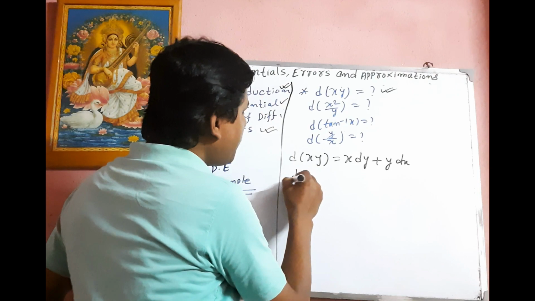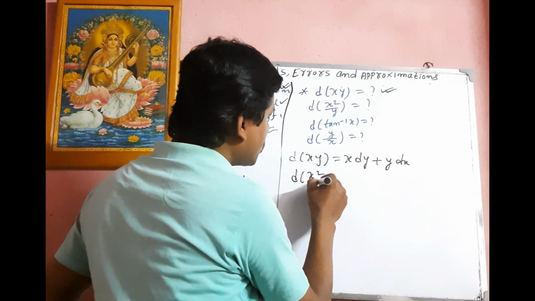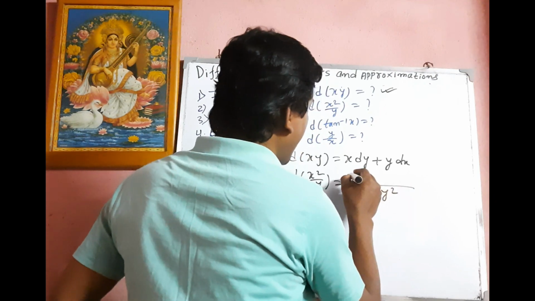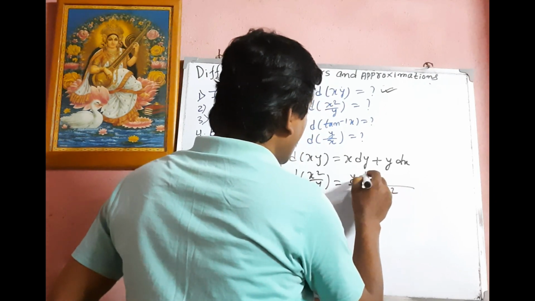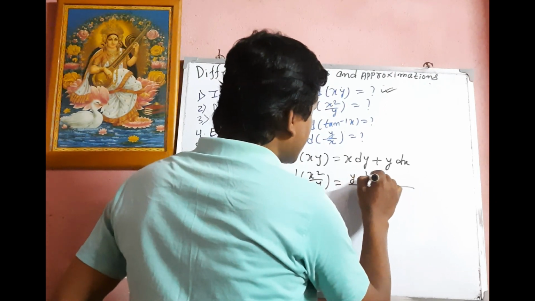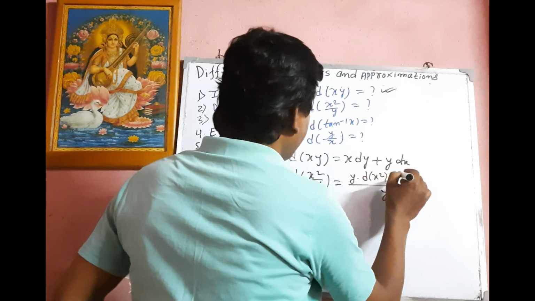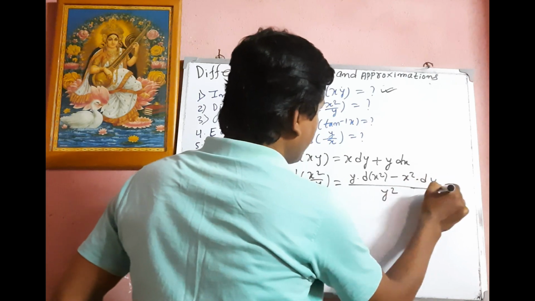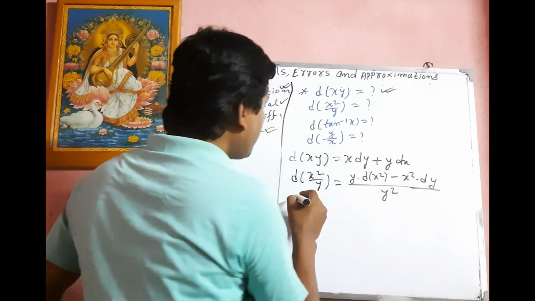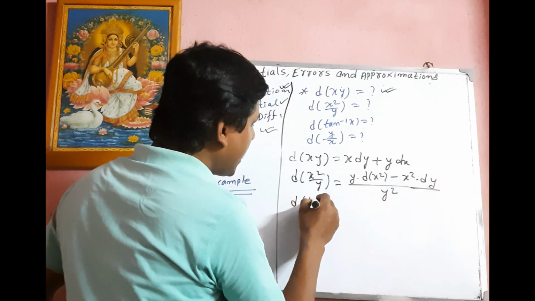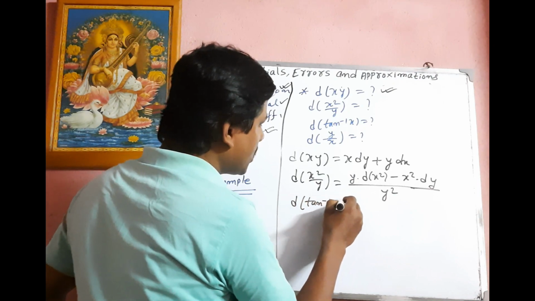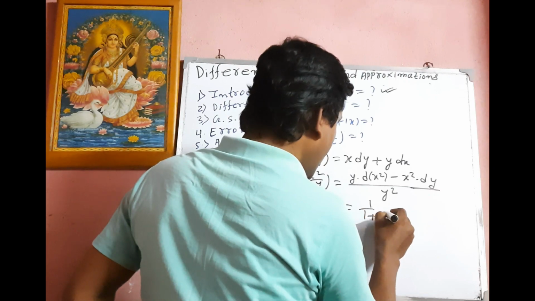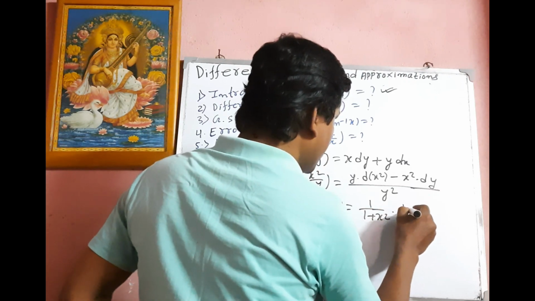Now the second part, d of x square by y is equal to y into d of x square minus x square into dy, over y square. Now the third part, d of tan inverse x is equal to 1 by 1 plus x square, times dx.